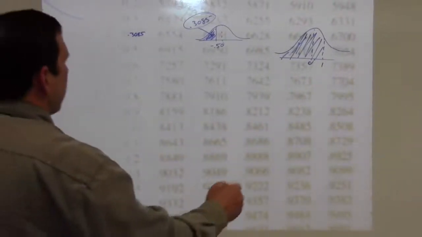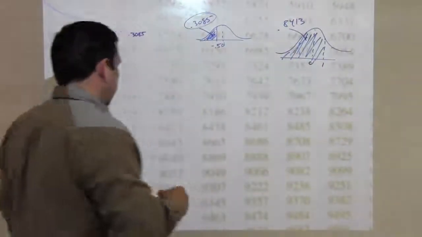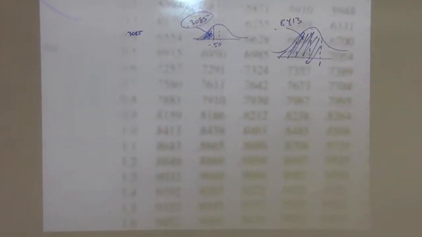So that means the area to the left of the 1 is 0.8413. That's a little blurry right now. Oh, here's the focus. There.